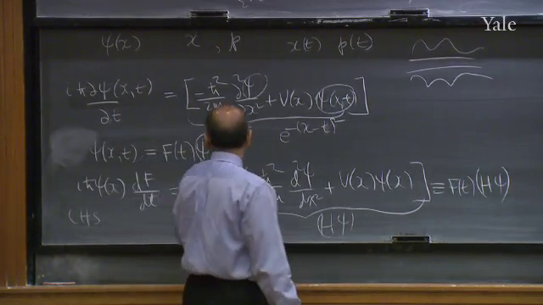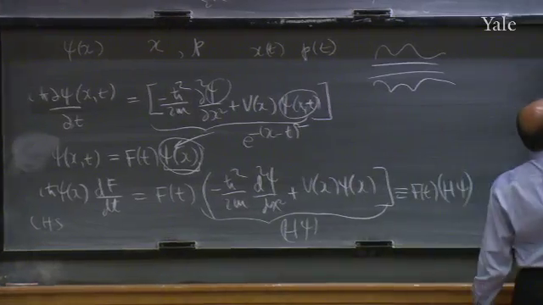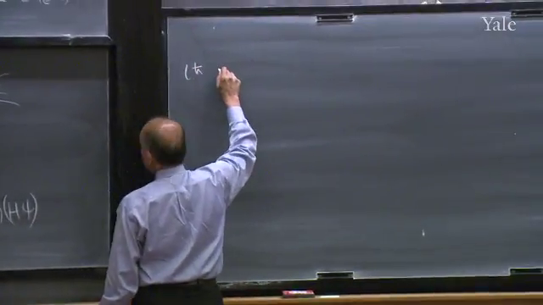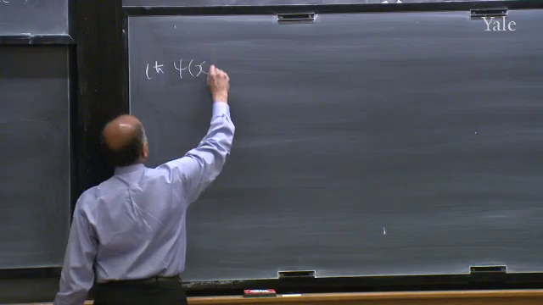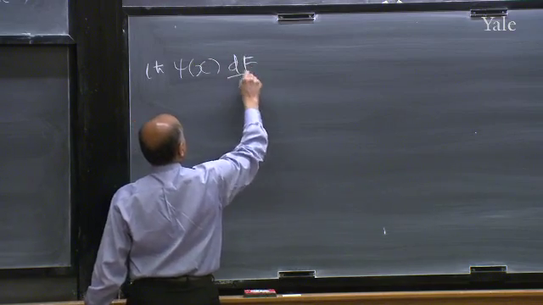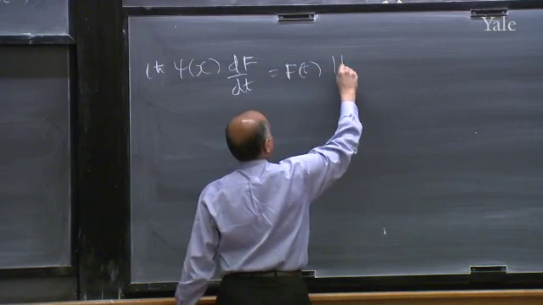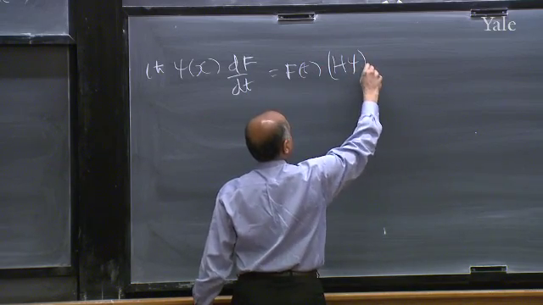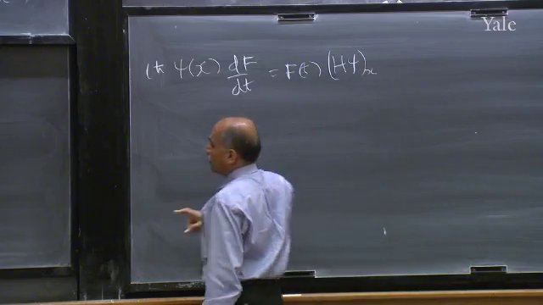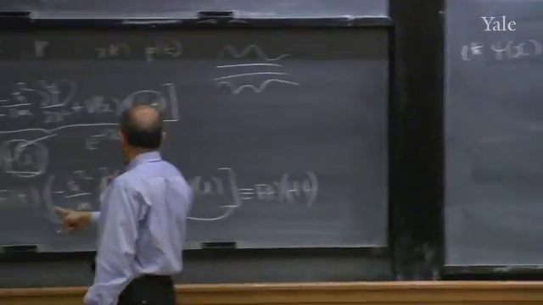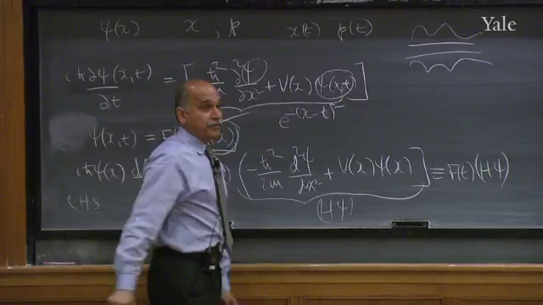So what equation do I have now? I have i h-bar psi of x times df/dt is equal to f of t times H psi, but all I want you to notice, H psi depends only on x. It has no dependence on time. Do you see that? There's nothing here that depends on time.